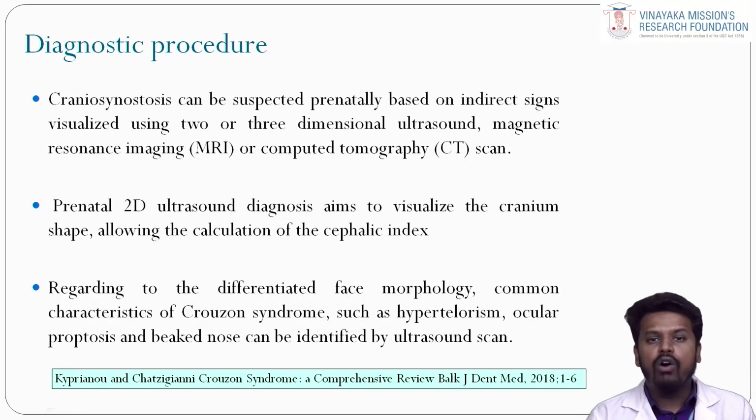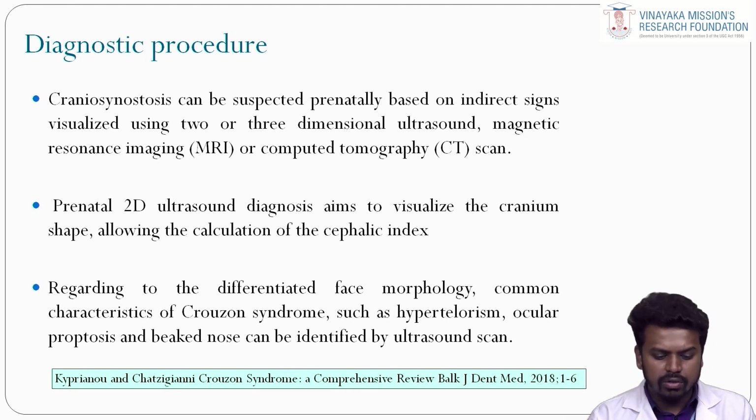Diagnostic procedures of Crouzon syndrome are mainly seen in radiographs, that is, 2D radiographs. Craniosynostosis can be suspected prenatally based on indirect signs visualized using 2D or 3D ultrasound, magnetic resonance imaging or computed tomography.